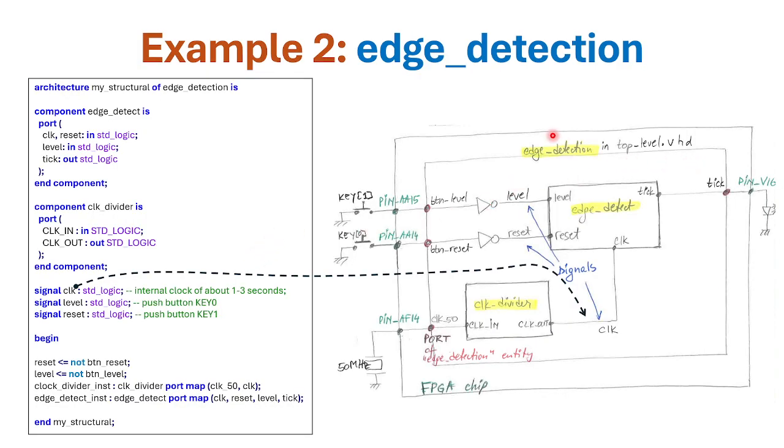Here is another example. This is the edge detection circuit, the test circuit for the edge detection entity that we looked at before, which is just one of the components, instantiated here, connected to a clock divider that takes as an input the 50 megahertz clock signal generated on the board by the crystal oscillator and slows it down to about 1 hertz, and two inverters to invert the signals that come from the push buttons on the board.